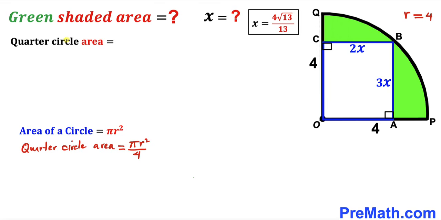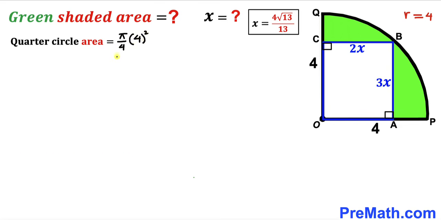So our quarter circle area is pi divided by 4 times 4 whole square. Let's simplify the right hand side. 4 square is 16, and if we simplify, that gives us 4 times pi square units. So the area of this quarter circle turns out to be 4 pi.